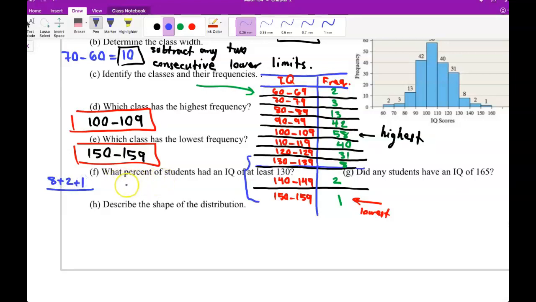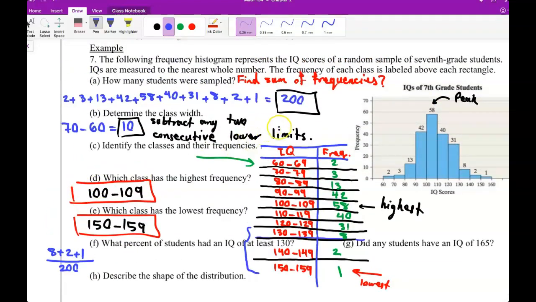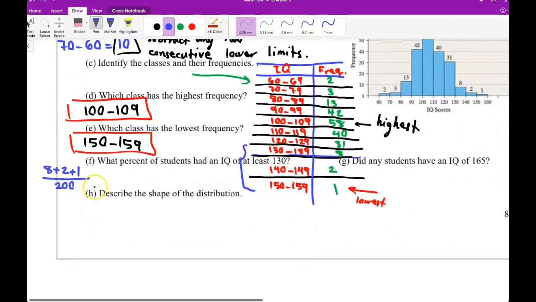Since it's asking for what percent of students, we divide by the total number of students, which was 200 from the first part. So that is equal to 5.5%. Okay, so the answer for part F is 5.5%.